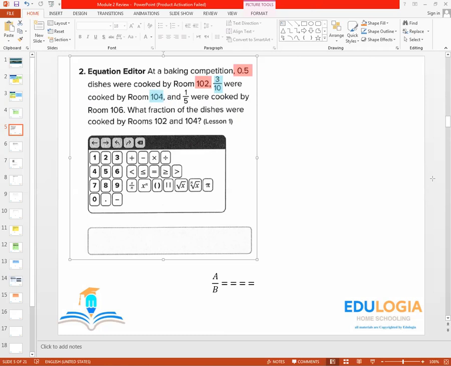And 1 over 5 were cooked by room 106. He asked for what fraction of the dishes were cooked by rooms 102 and 104. For 102, it was 0.5. This one.